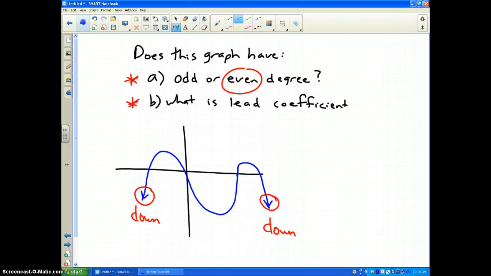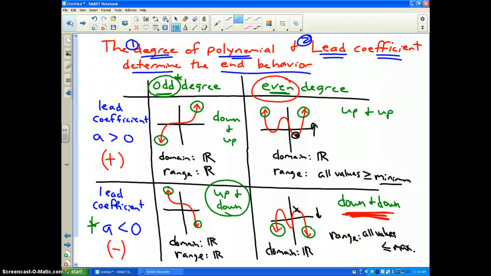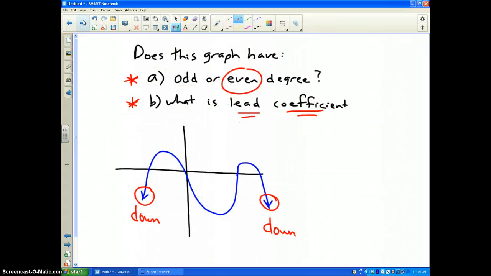Letter B, what is the lead coefficient? Well, since it's down and down, if I go back to my chart, down and down, the lead coefficient is negative. So if I was to write my polynomial, it would have a negative lead coefficient. And people, that is the connection between degrees, the lead coefficient, and what the graph does at the very ends of its graph.